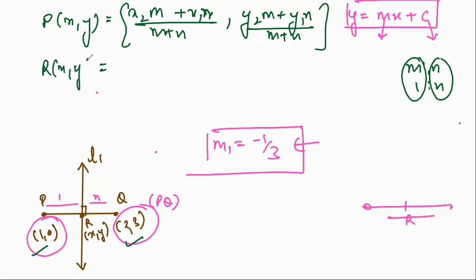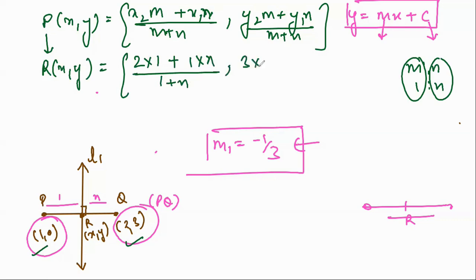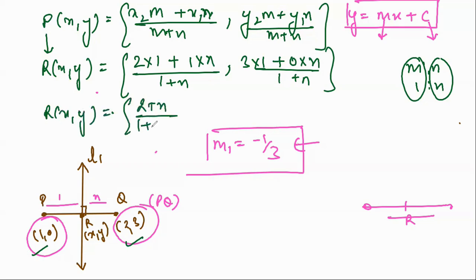Let's work it out for R only, because our point is R. x2 is 2, into M which is 1, plus x1 which is 1, into N, over 1 plus N, comma, y2 which is 3, into 1, plus y1 which is 0, into N, over 1 plus N. So R of (X, Y) is equal to (2 plus N) over (1 plus N), comma, 3 over (1 plus N), because the whole second term goes to 0. So now we have the coordinates for R.